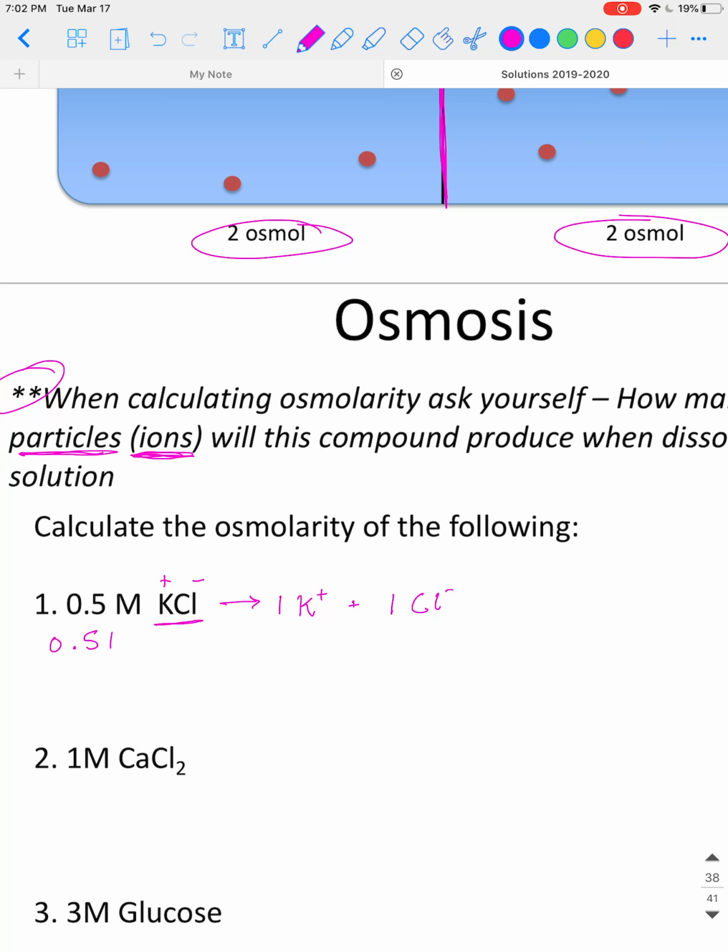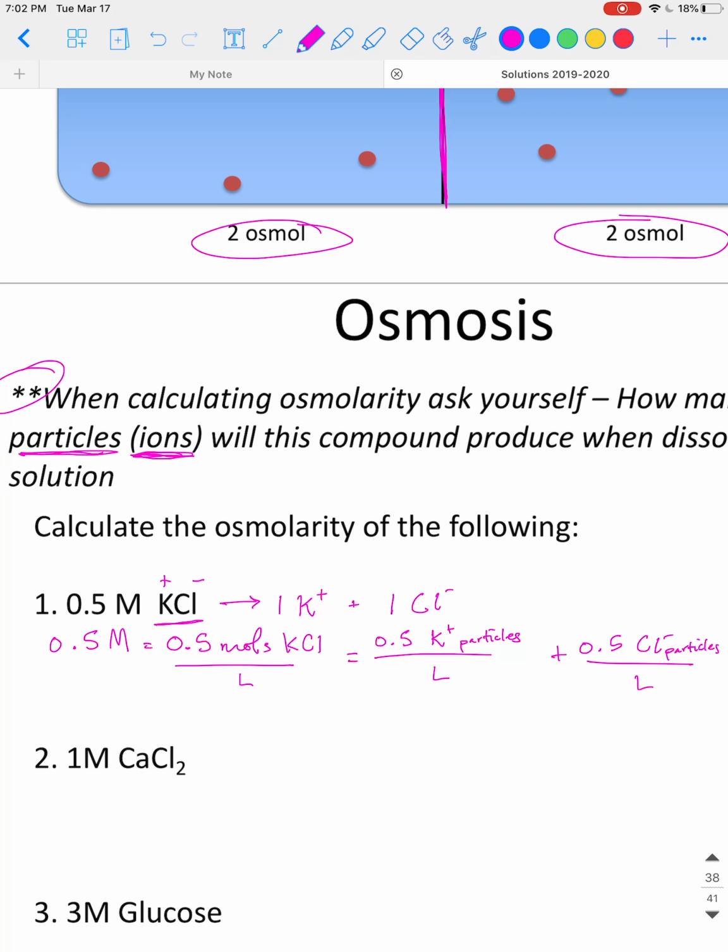So if we have 0.5 molar, which is 0.5 moles of KCl per liter, then when it's in solution, we're going to have 0.5 K plus particles per liter, plus 0.5 Cl minus particles per liter.